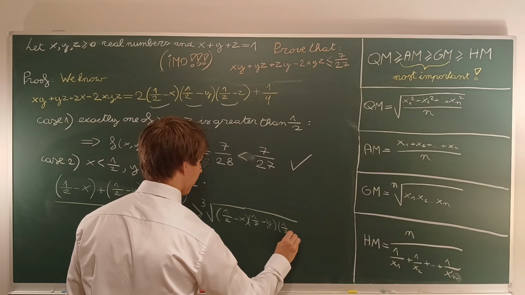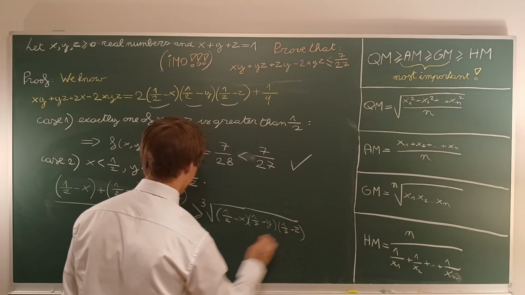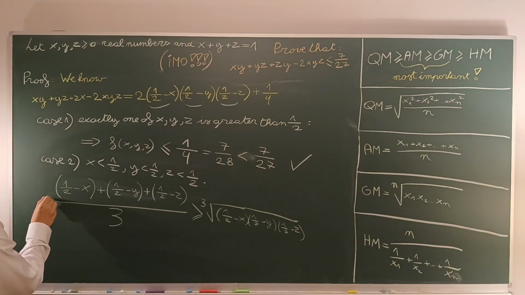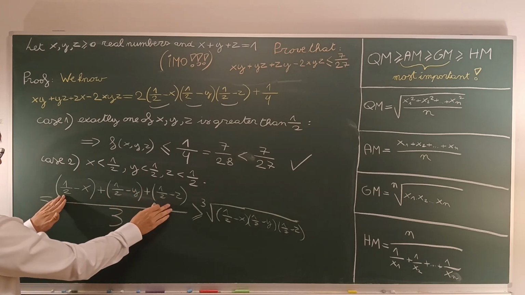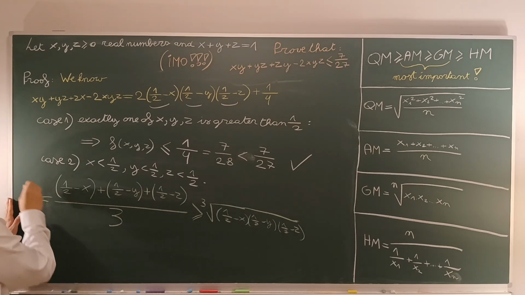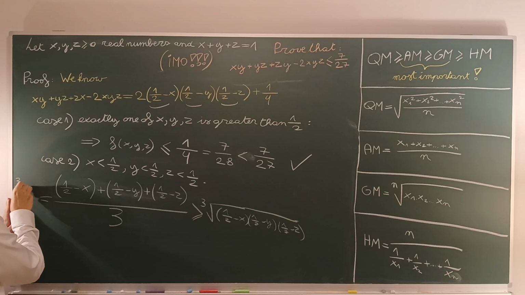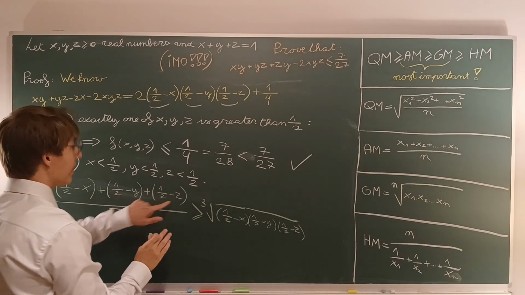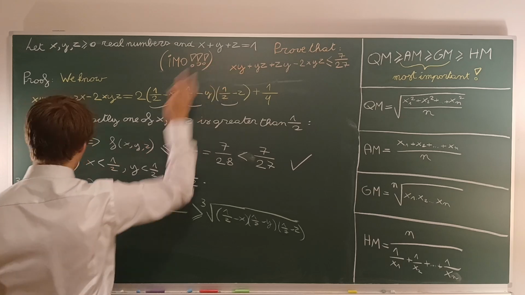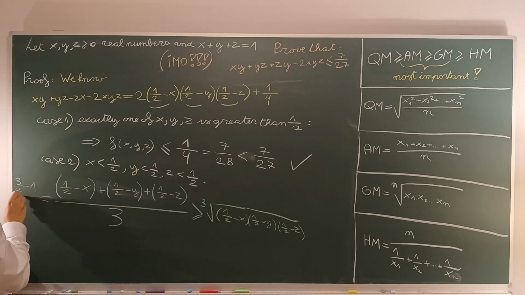But notice that this is equal to 3 over 2 minus the sum of x, y, and z, which is equal to 1, all over 3.